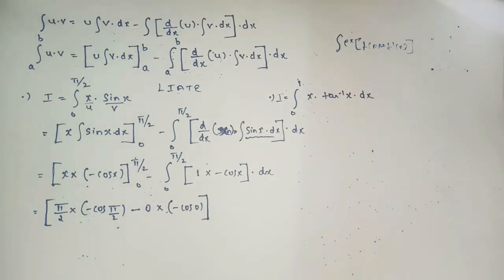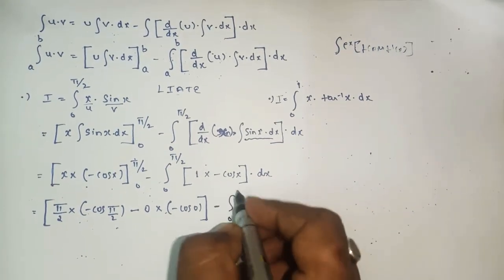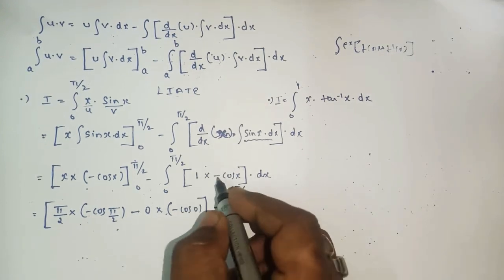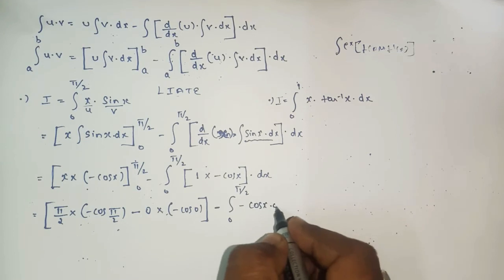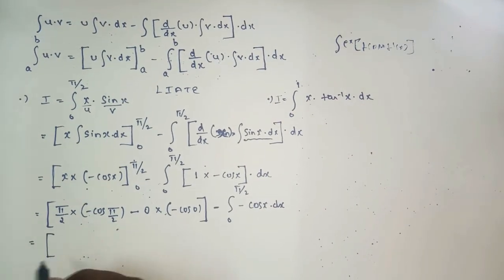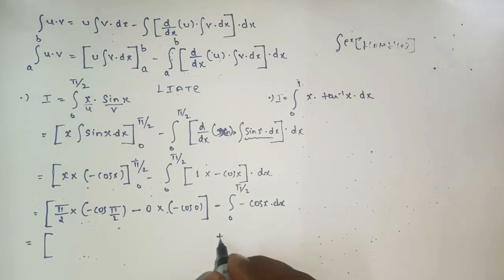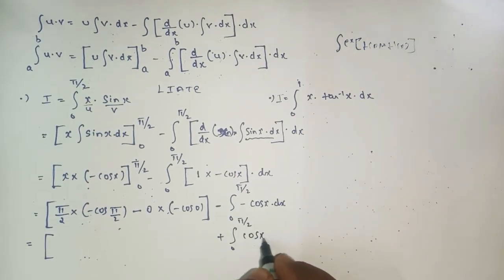Here we'll write this part as it is, and we know that 1 into minus cos is minus cos into dx. After this, minus minus we can write as plus integral from 0 to pi by 2 of cos x into dx.